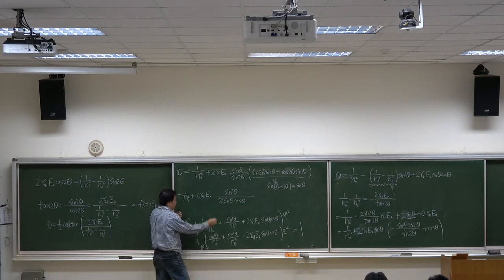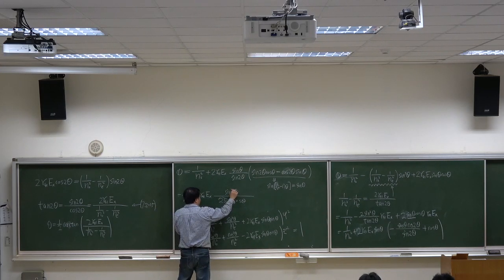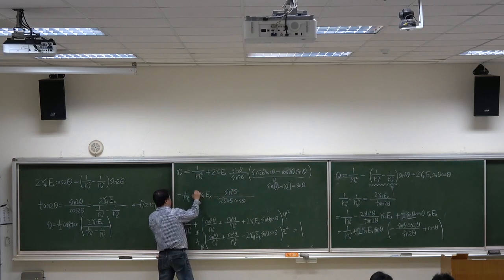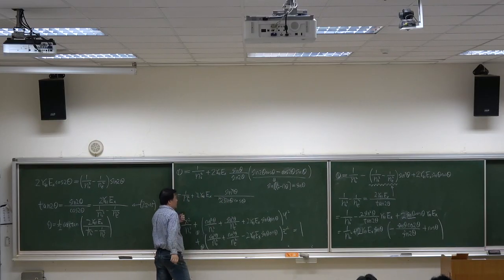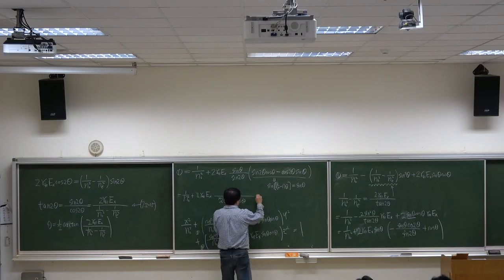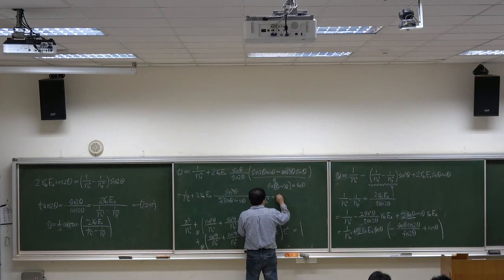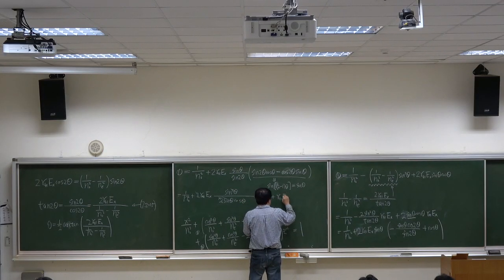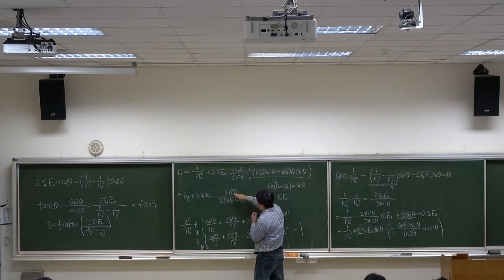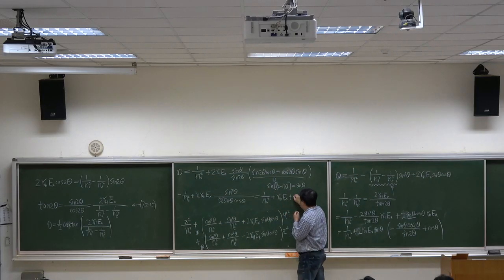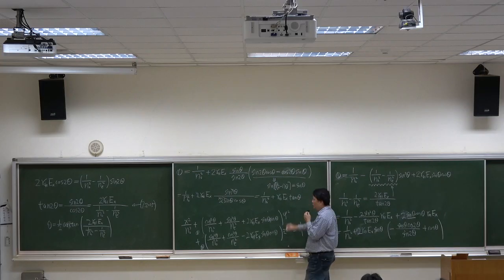So we can cancel 1 sine theta and cancel this 2. So finally we have 1 over no squared plus r41 Ex sine over cosine, tangent theta.